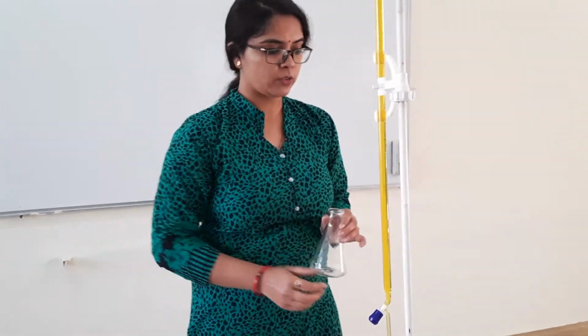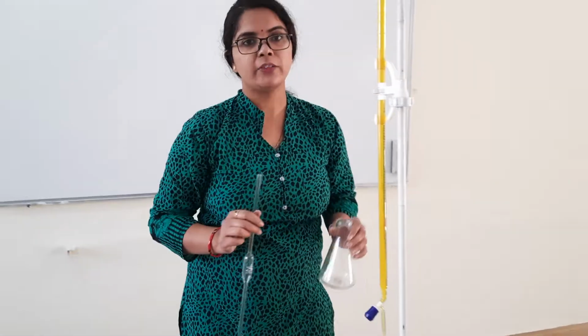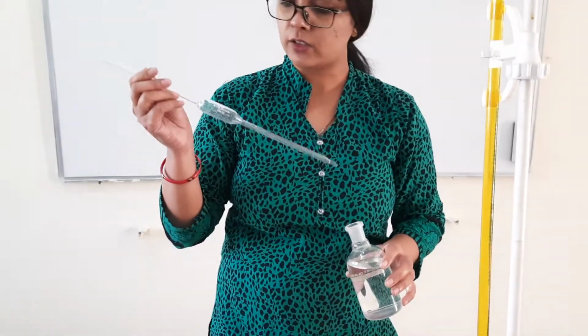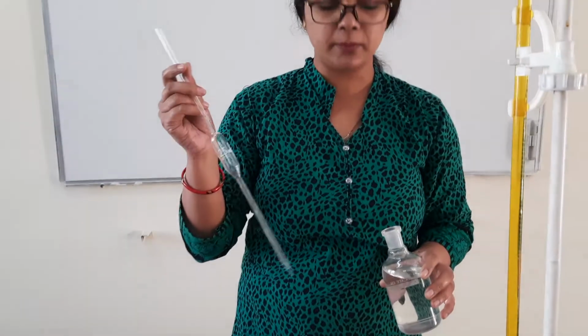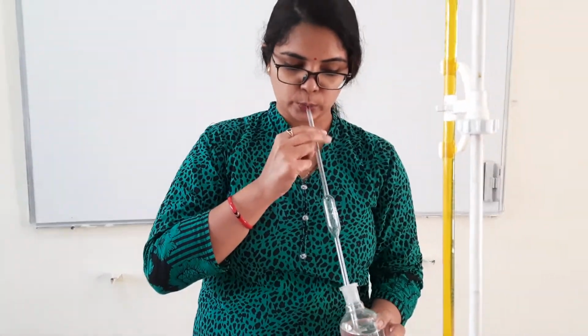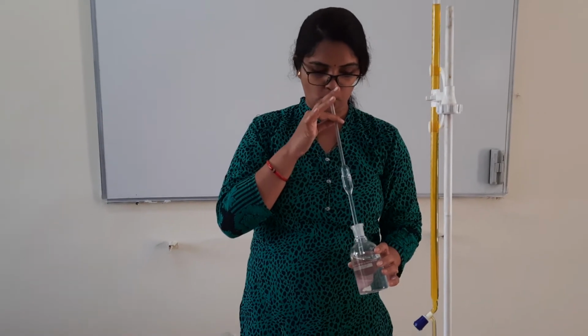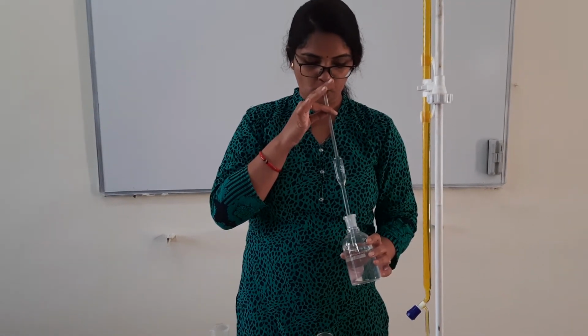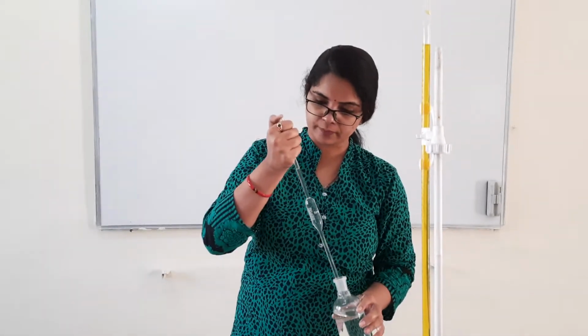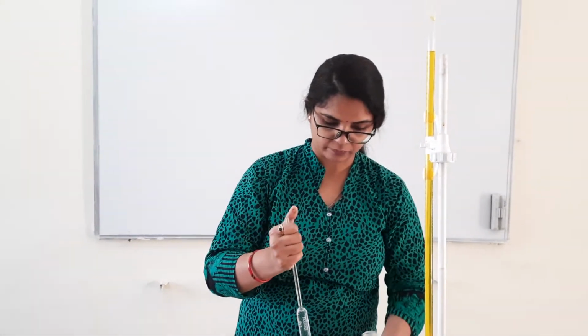So here we will take the N/40, that is the known strength of the ammonium ferrous sulfate solution. So we will pipette out 25 ml of this solution. So what happens?